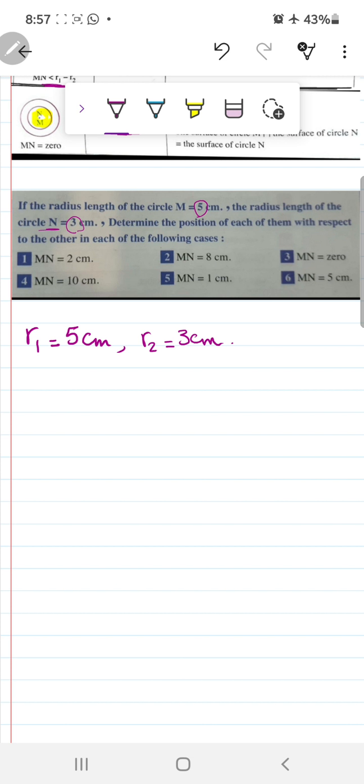How? First, write a number line like this.